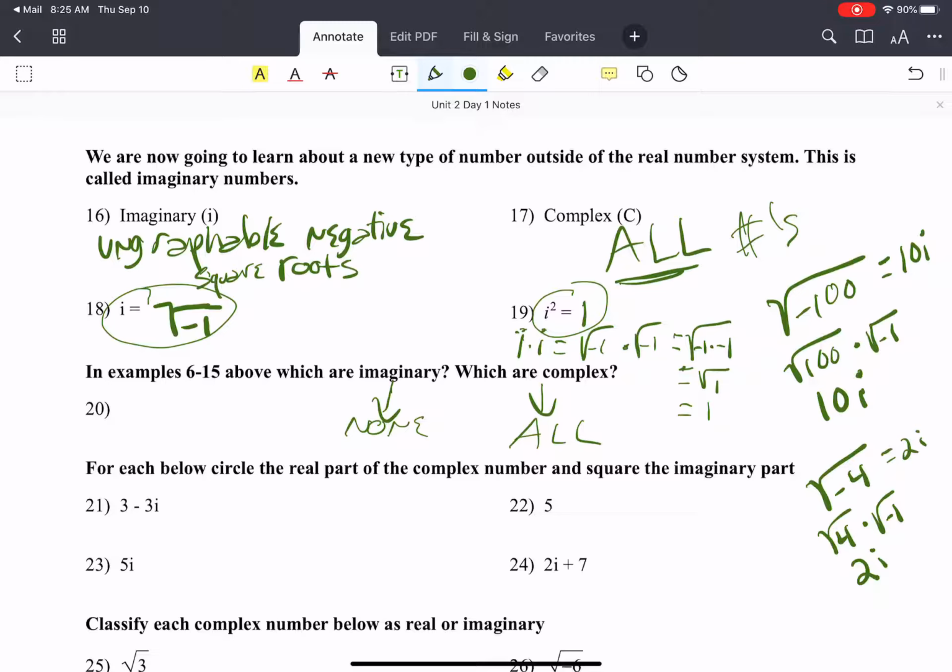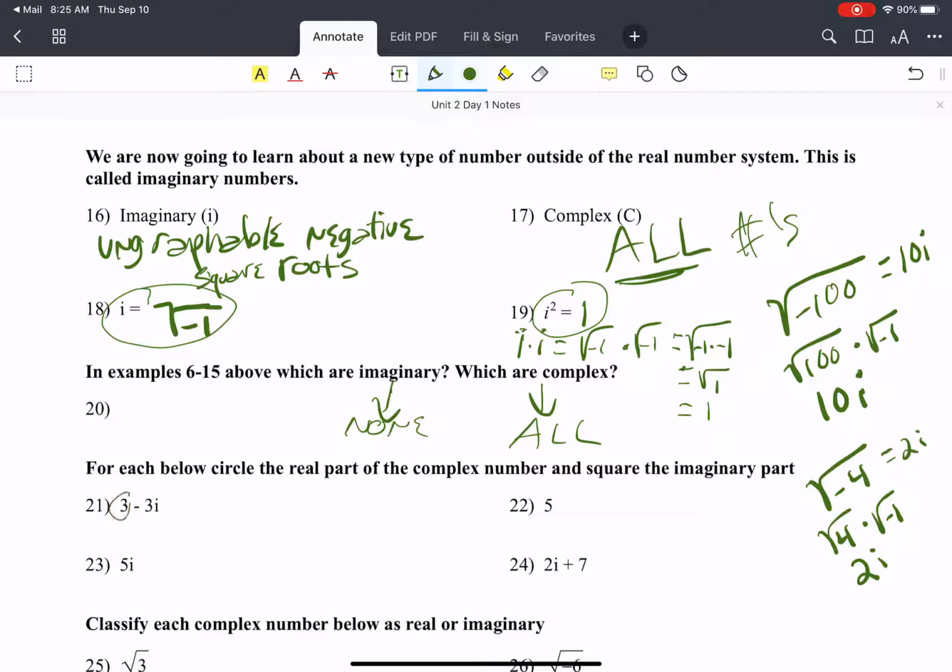We're doing okay? We're almost done. Circle the real part of the number. This is a complex number. I have to keep it in two pieces because I can't combine those. One's real, one's imaginary, but it's one number. So which is the real part of the number, the 3 or the negative 3i?